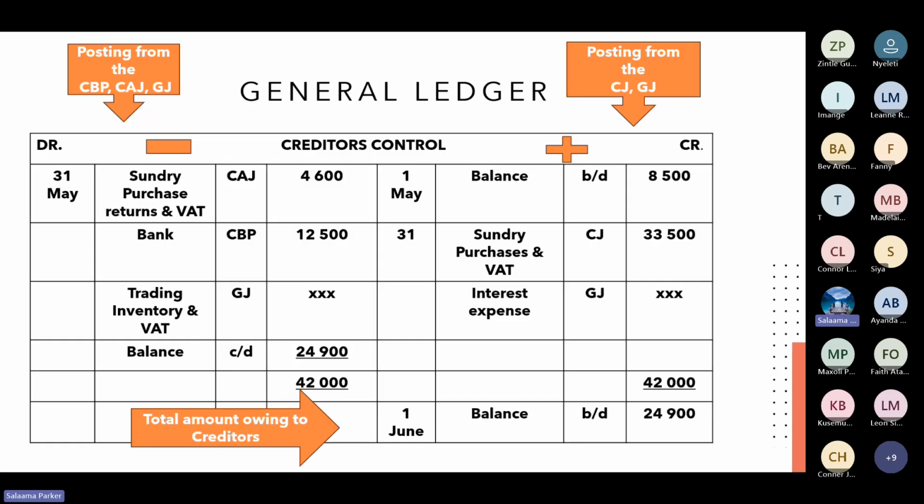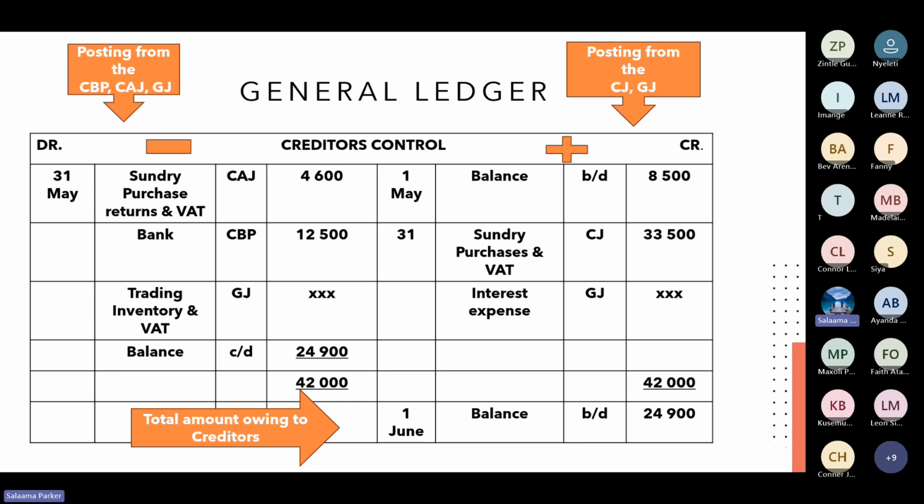So here is our creditors control account. And what is creditors in the books of the business? It's a liability, and the double entry for liabilities is increase on the credit side, decreases on the debit side. Again, tell yourself a story.